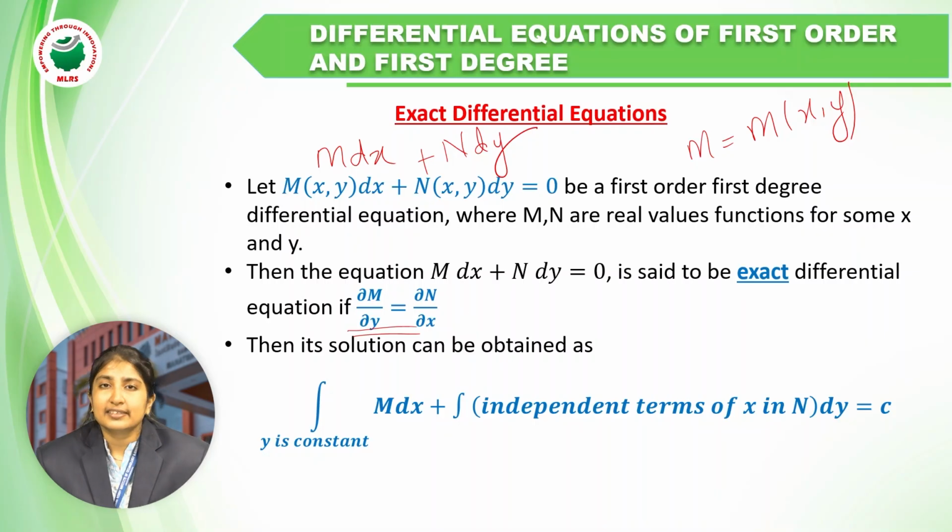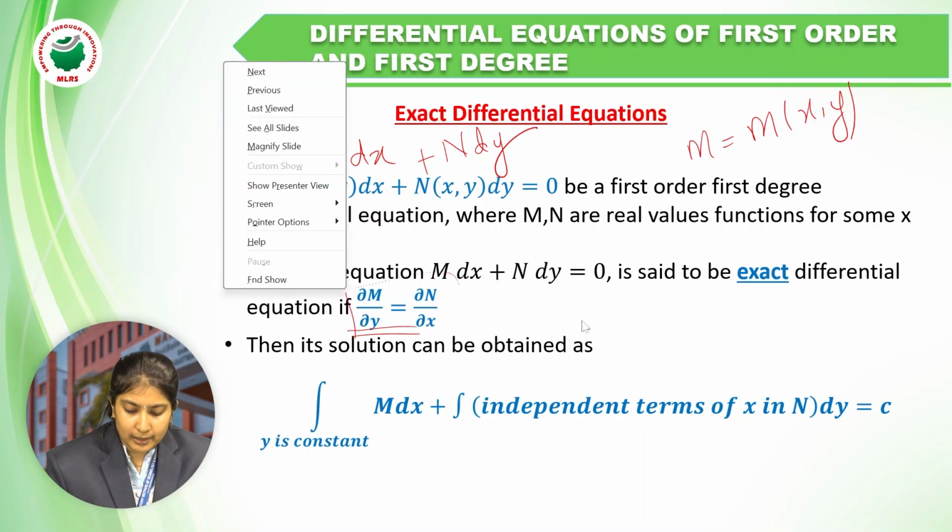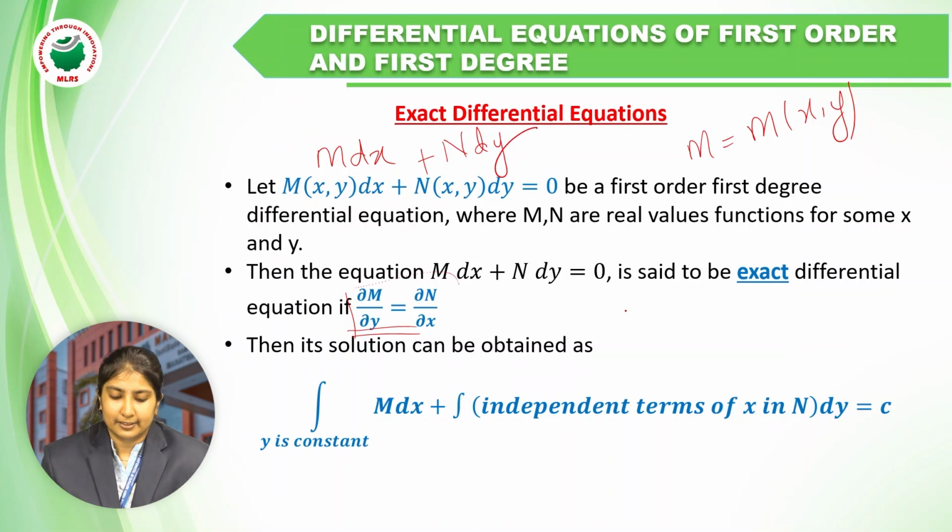This is a necessary and sufficient condition for a differential equation to be exact. To satisfy exactness, it is mandatory that dou M by dou y equals dou N by dou x.